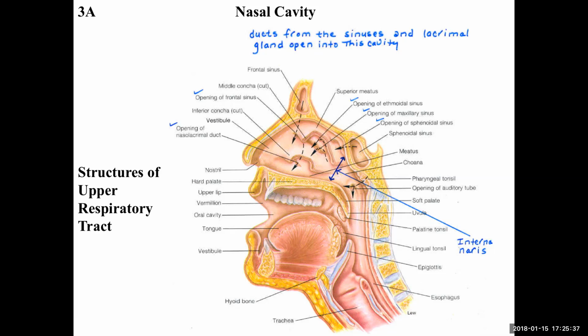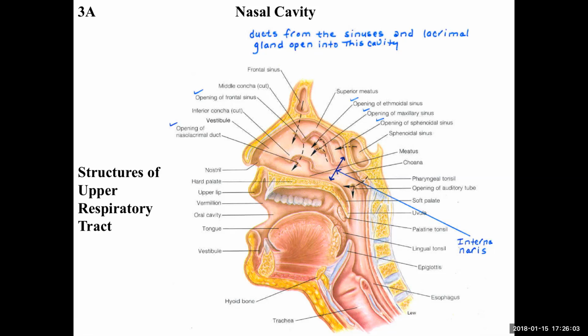Okay, let's move on then to the pharynx, which is the next portion. And the pharynx is about 5 inches long. It is posterior to the nasal and the oral cavity. It is anterior to the cervical vertebrae, okay? So it's behind the nasal and the oral cavity, as you can see, but it is also anterior to the cervical vertebrae.